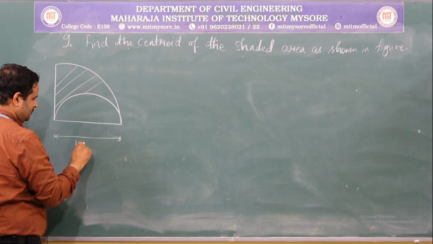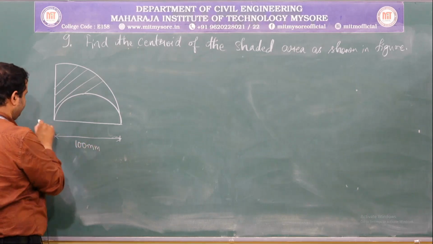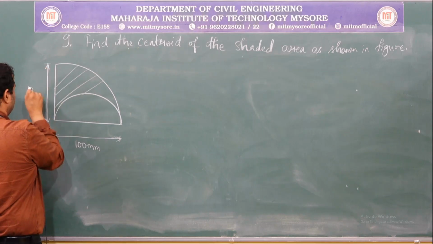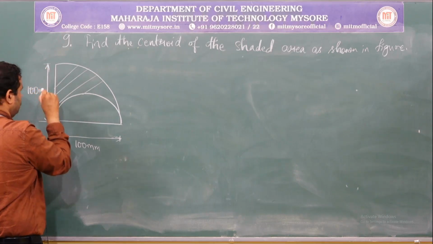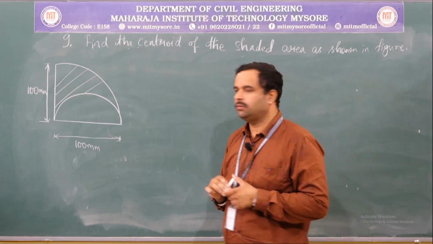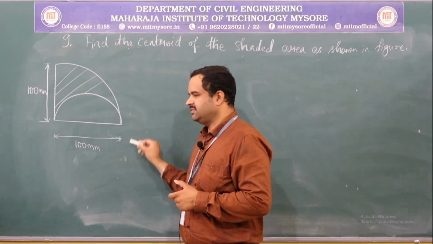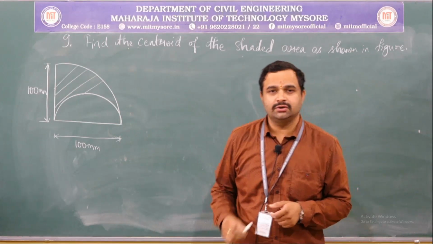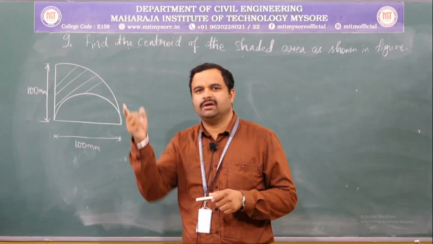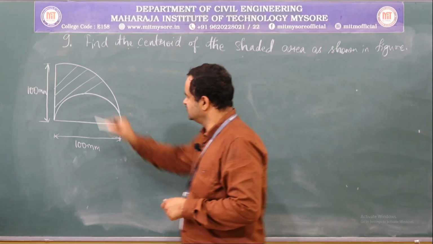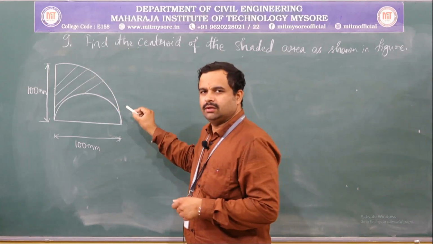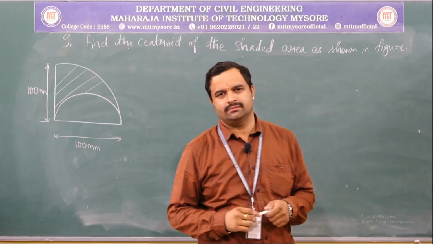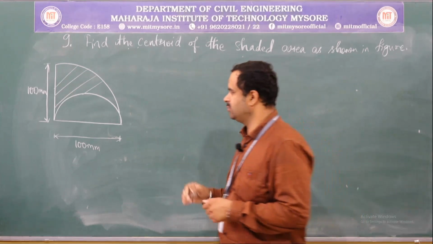This is 100 mm, this is 100 mm. It is having two components, one is a semicircle and one is a quadrant of a circle. So, you need to remove a semicircle from a quadrant of a circle. See, this is a quadrant of a circle, out of which you have to remove this semicircle and try to locate its centroid. Okay. So, this is a very simple problem.